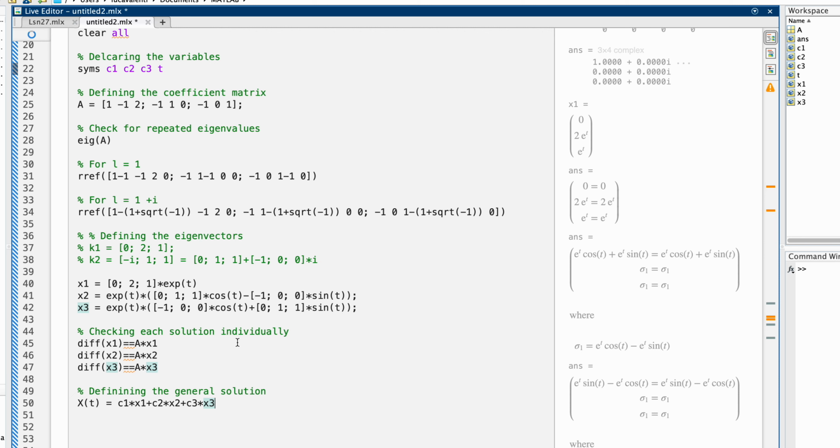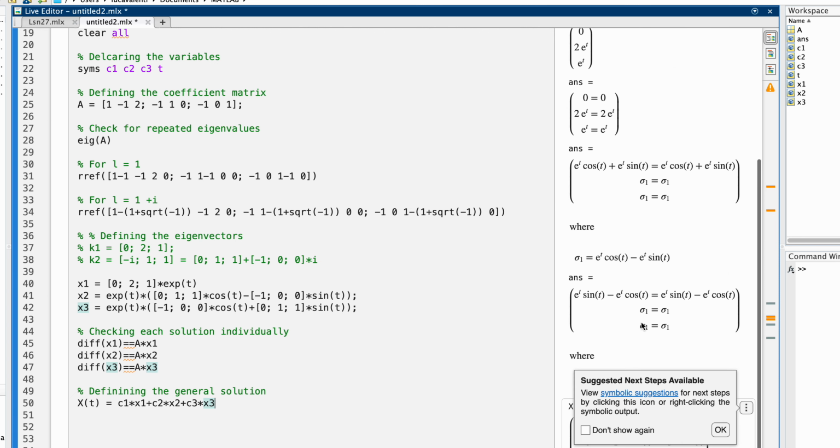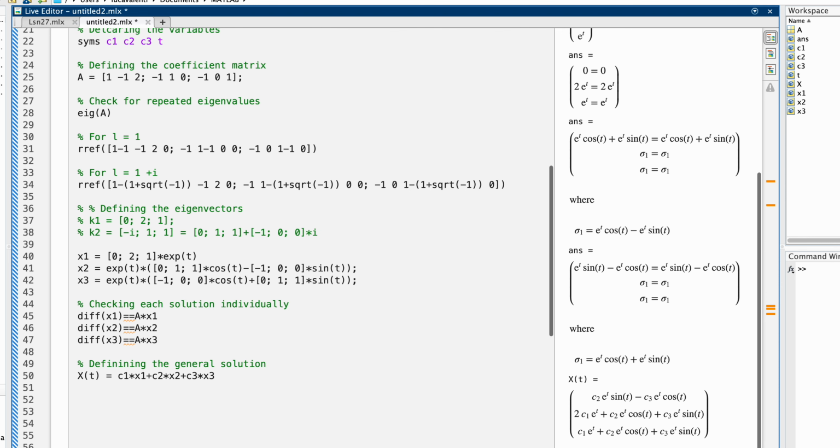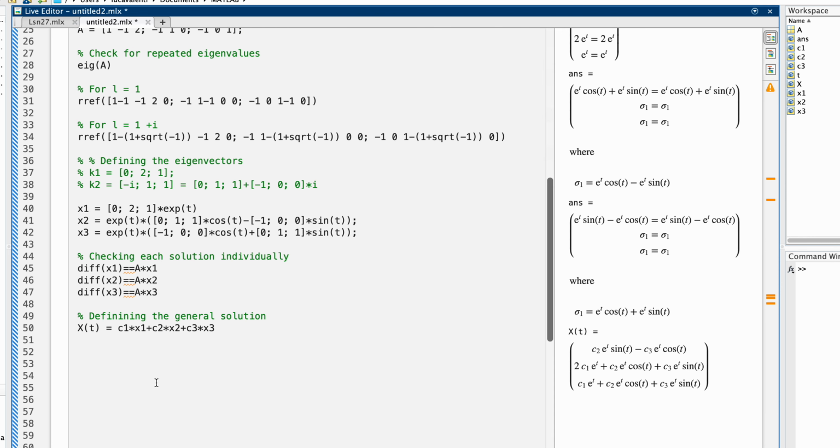And then we have it over here. I don't know if you can see that. There it is.